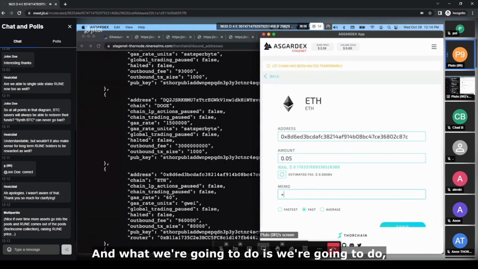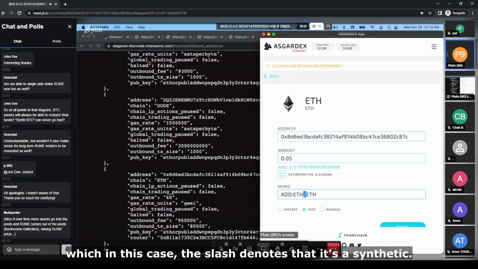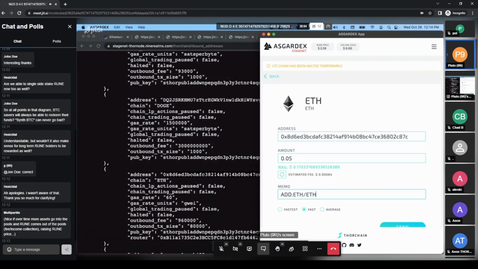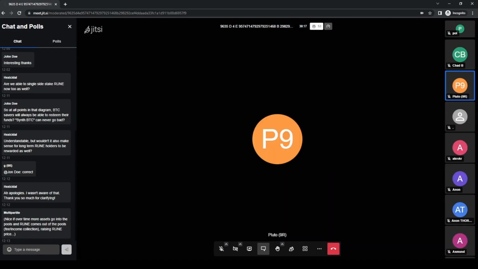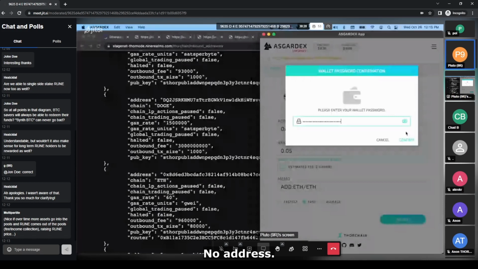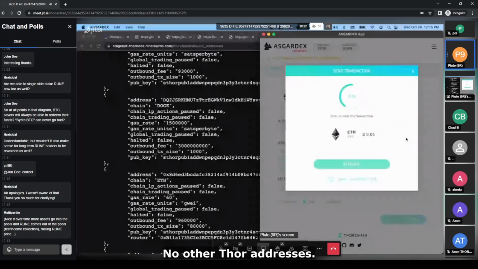And what we're going to do is an add plus or add ETH/ETH, which in this case the slash denotes that it's a synthetic. And that should be all that we need. It's literally that simple. Add into the ETH. No address, no other Thor addresses.